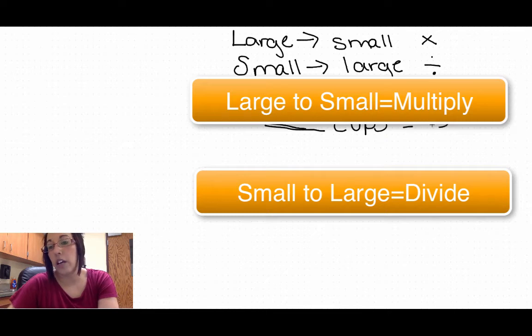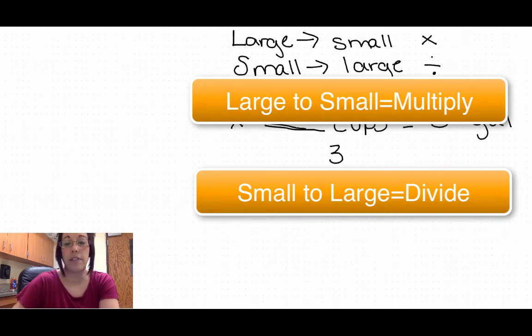and gives me gallons, gallons are larger than cups, so I'm going to multiply. I would mark a multiply out here and then do my work. 3 gallons times the number of cups in a gallon, which is 16. 3 times 6 is 18.